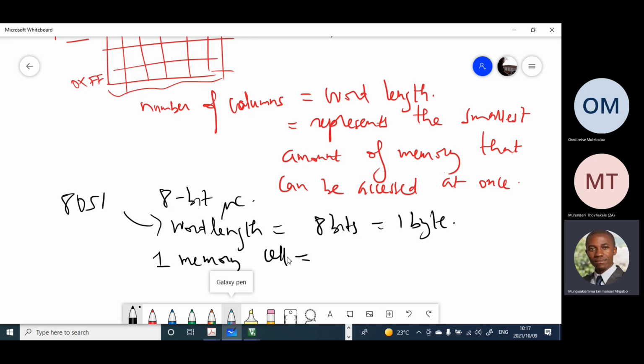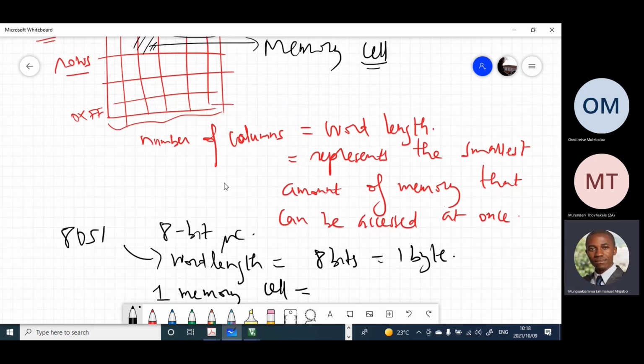Can you hear me clearly? Yes, I can. So you want the size of one memory cell based on the word length being 8 bits. Yes. It's a bit tricky for me. I'm not sure.